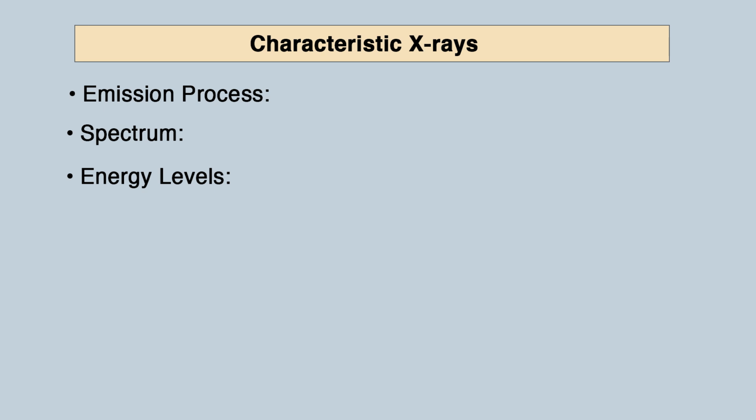Energy level: the energy of characteristic X-rays is specific to the target material and the electron shell transition involved. For example, tungsten, commonly used in X-ray tubes, has characteristic X-rays with peaks at energies like 59.3 keV for K alpha and 67.5 keV for K beta.